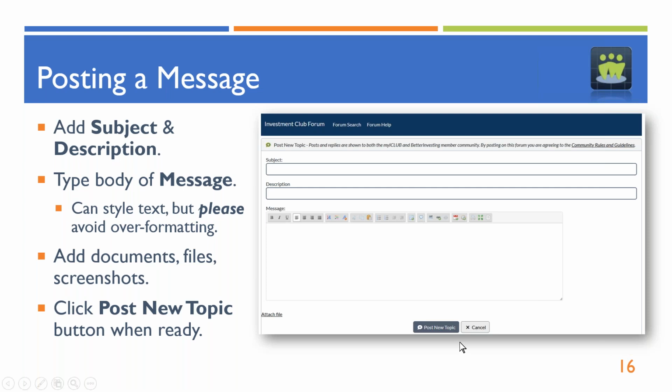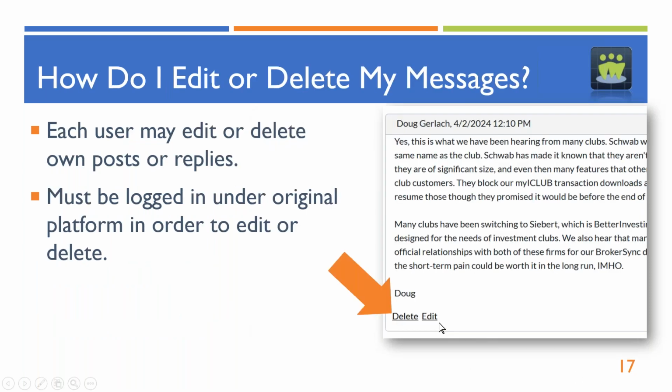And when you're done typing in your message, click the post new topic button and it appears. As I mentioned, you've got a delete and edit link on your messages, so you can come back. As often is the case, you type in a perfectly crafted message, and somewhere between you pushing the enter button and it showing up, it picks up a couple of typographical errors, the gremlins in the system, right?